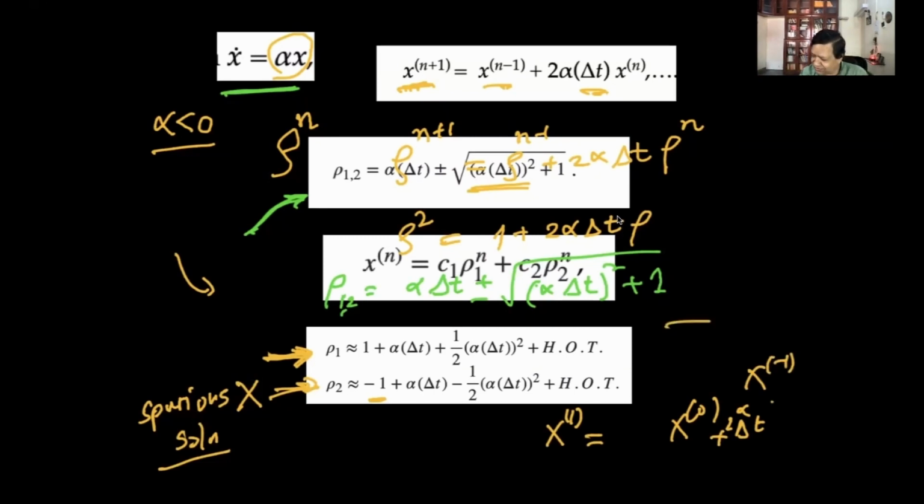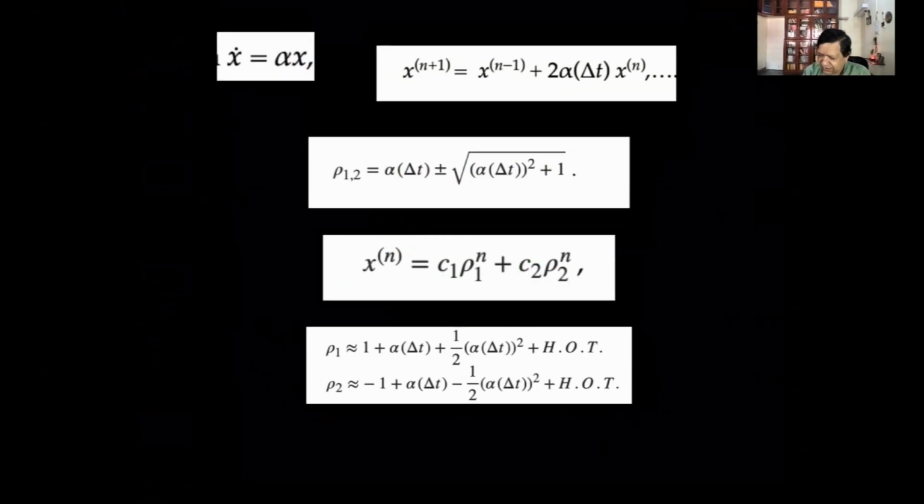So I go from 0 to delta t, but I also need the value at minus delta t. So leapfrog, or any multi-step method, has this issue: when you go from the initial condition itself, I need minus delta t, which is not available.